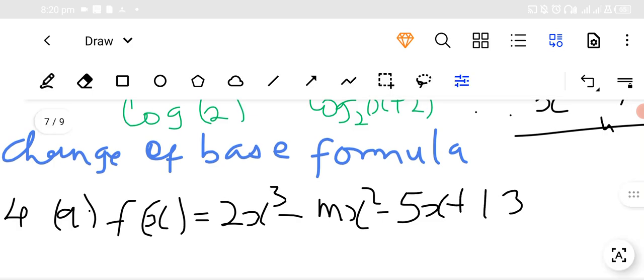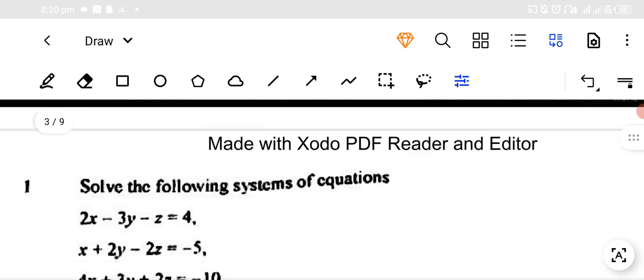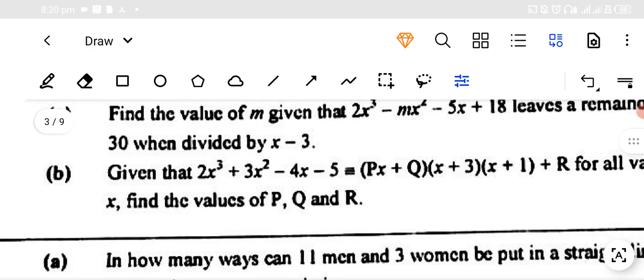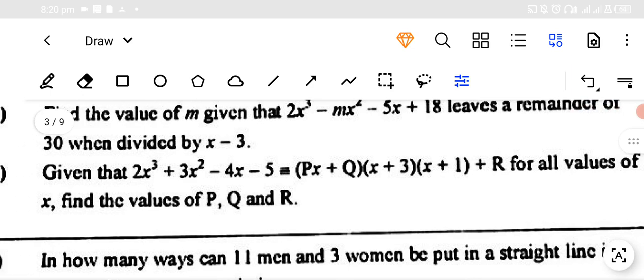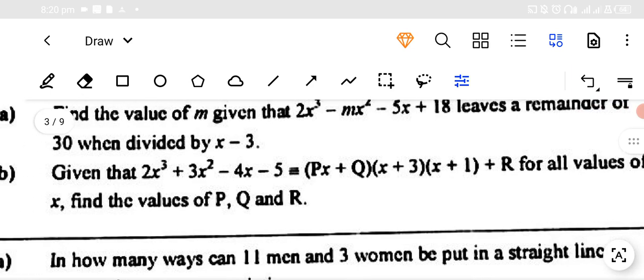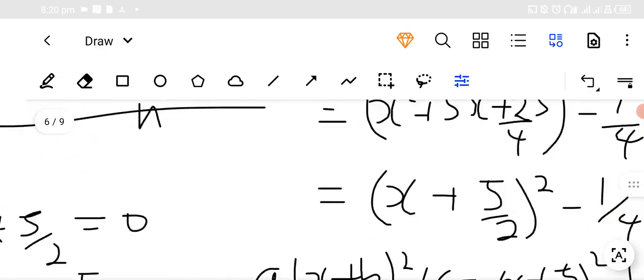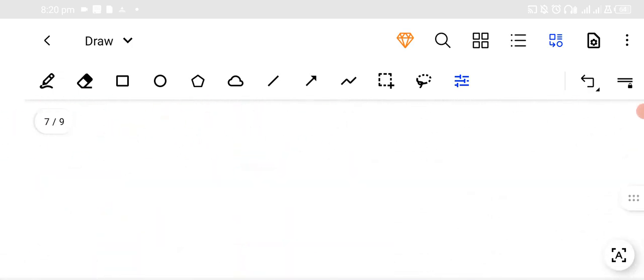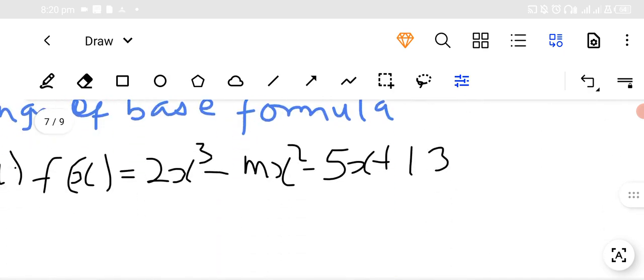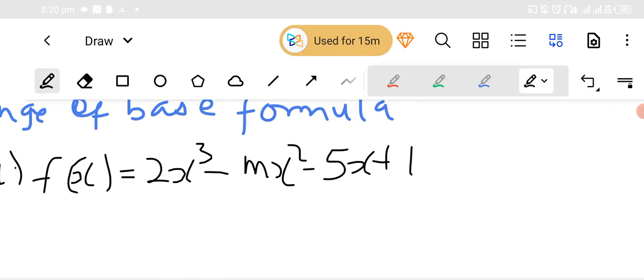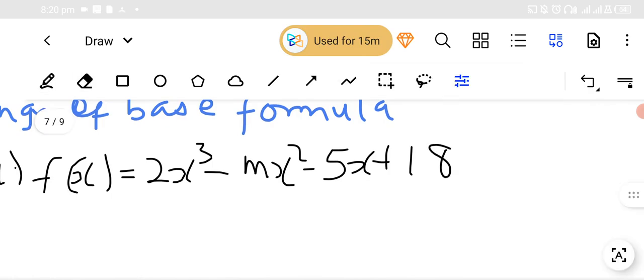Let's just confirm. Plus 18 leaves a remainder of 30 when divided by x minus 3. So here it is supposed to be 18. So it leaves a remainder of 30 when divided by x minus 3.